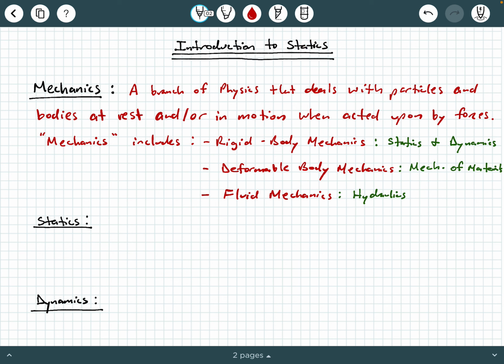Well, statics is a branch of mechanics that deals with the following.